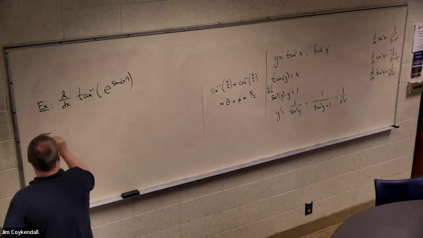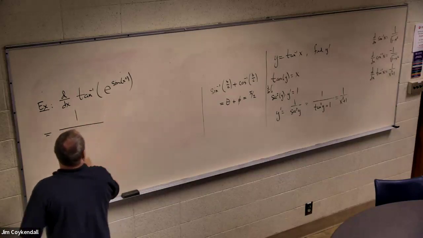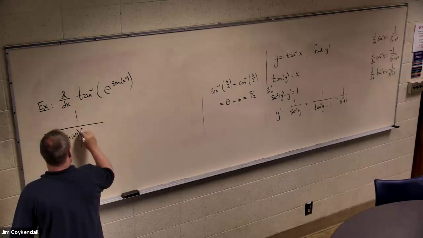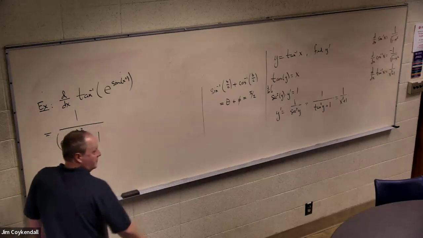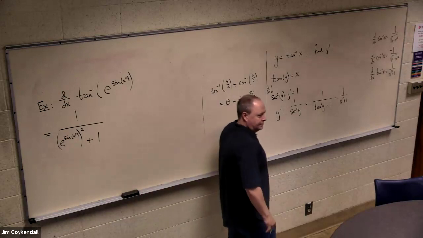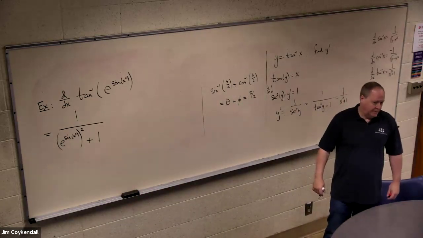This is 1 over 1 plus the square. There you go, that's my first step. Any questions on where that one came from?